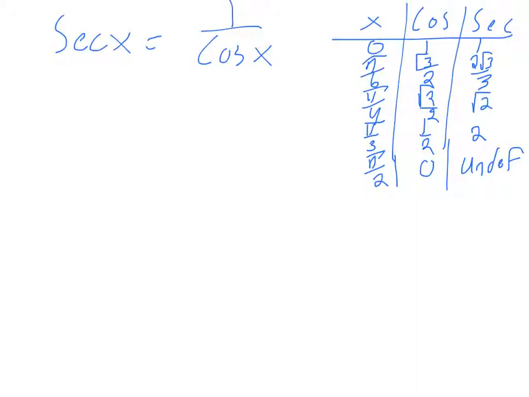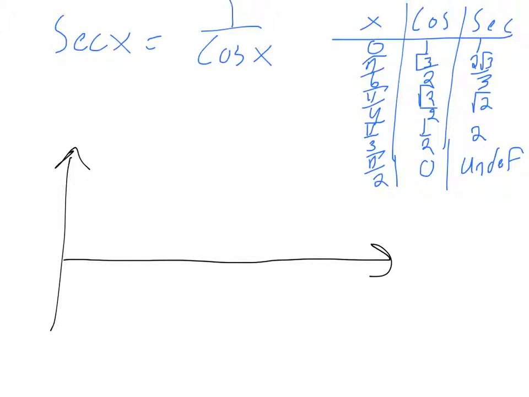And so what that means for the graph of secant, you have pi over 2, pi, 3 pi over 2, and 2 pi.